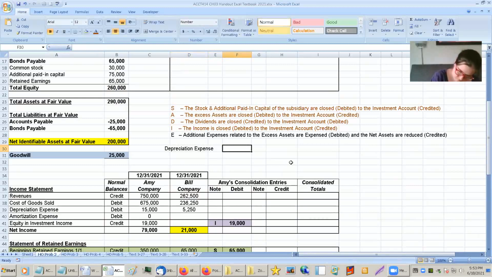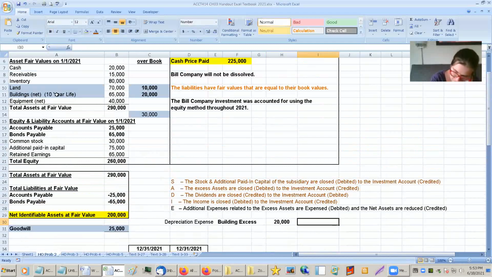And so the building excess. Okay, building excess was 20,000 divided by 10 years, right? Right.